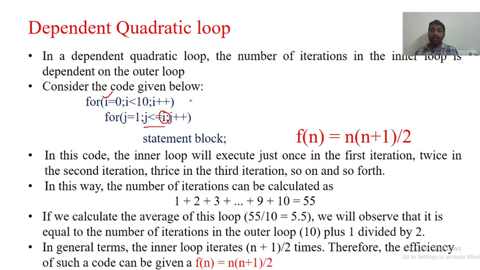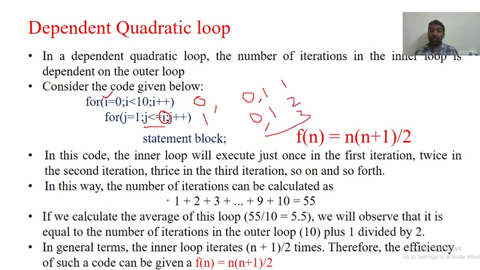Suppose when i equals 0, how many times is j executed? When i equals 1, it is executed 1 time, next 2 times, next 3 times, like that.